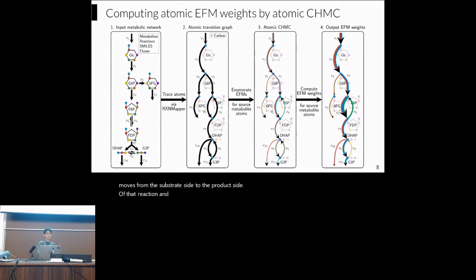And so if we do this for a source metabolite carbon, for example, like the one for glucose shown here, we can construct an atomic transition graph. And as a graph, we can then go ahead and construct its corresponding atomic cycle history Markov chain. That, of course, is good for enumerating our atomic EFMs. And if we supply fluxes at steady state, we can also estimate their weights under our Markov chain model.